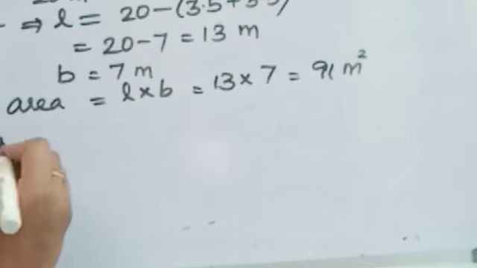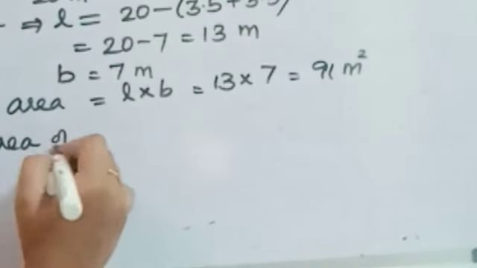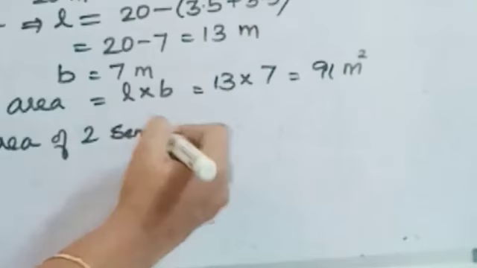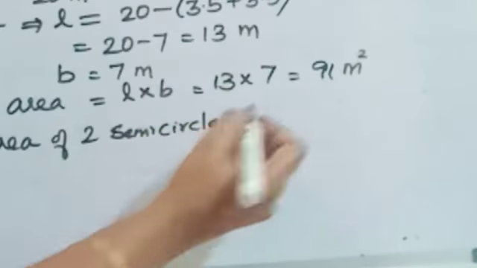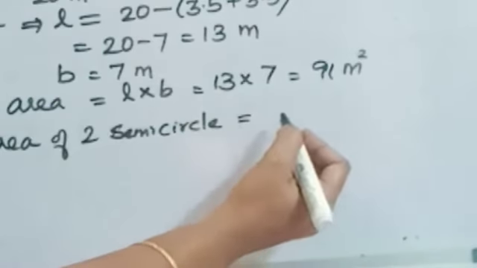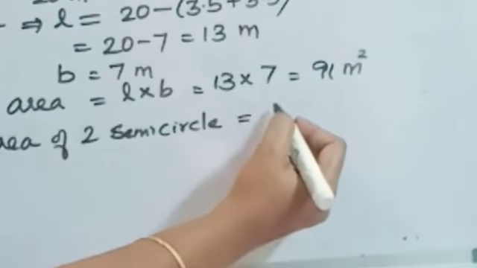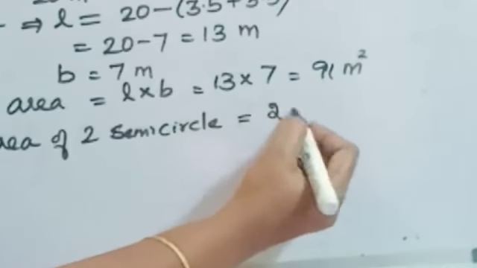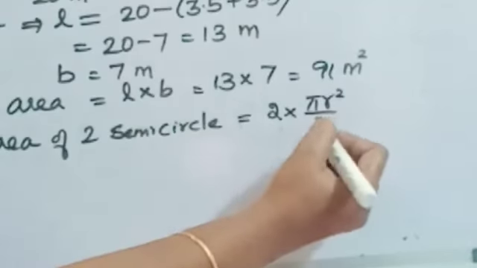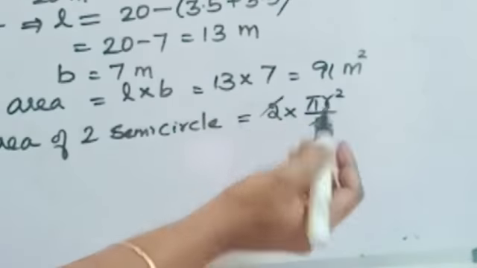So area of a circle or area of two semicircles, we can write in both ways. Area of a circle is pi r square and area of a semicircle is pi r square by 2. So here we have two semicircles, so 2 into pi r square by 2. So that 2 and 2 will get cancelled.